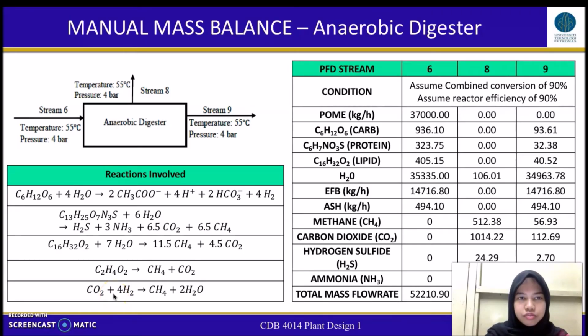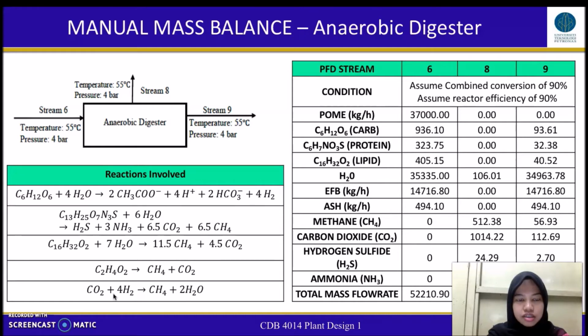Next, we'll proceed with the manual mass balance. So we conduct the manual mass balance calculation using Microsoft Excel for each process unit. For this presentation, we're only looking at 3 main process units, and the first one is the anaerobic digester. In the anaerobic digester, the reactions occur, and there are 5 main reactions that we consider for our mass balance.